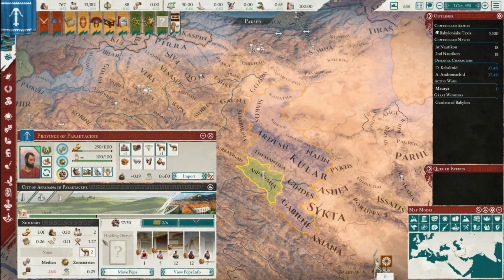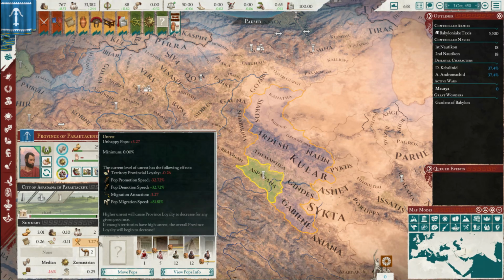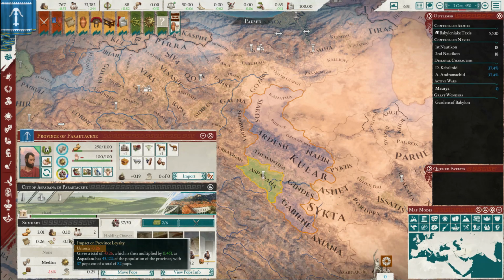For instance, in the city of Aspedana, located in the province of Paratacine, our unhappy pops generate 3.27 unrest, which is then converted to 0.26 territory provincial loyalty. This 0.26 territory provincial loyalty value is then multiplied by 0.451, which is the percentage of the total province's population that resides in the city of Aspedana divided by 100.